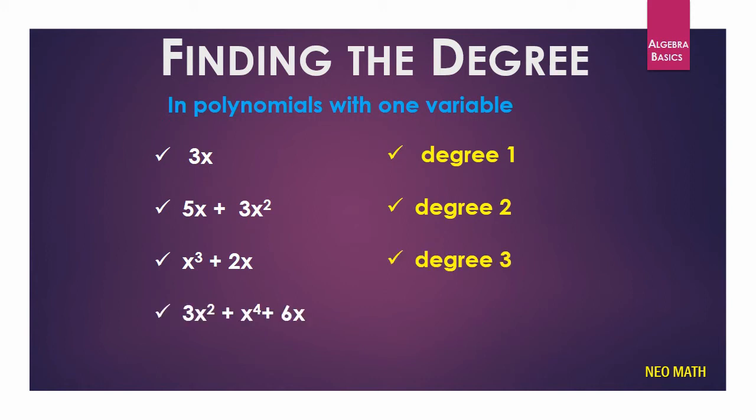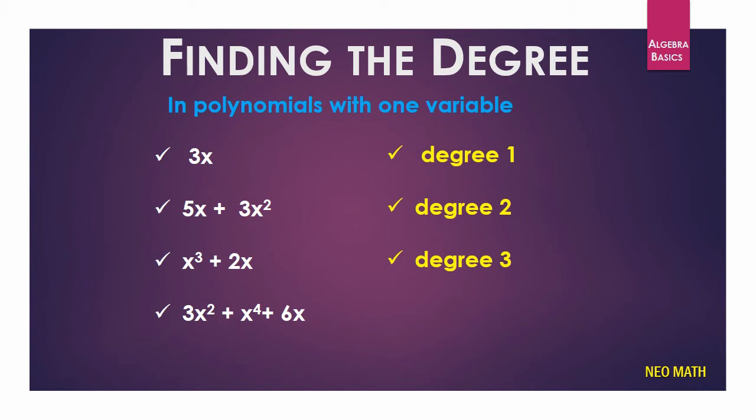3x² + x⁴ + 6x. Here the first term is 3x², the second term is x⁴, the third term is 6x. The power of the variable x in the first term is 2, in the second term is 4, and in the third term is 1.